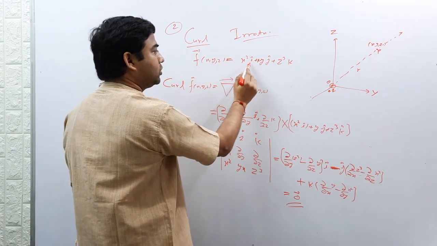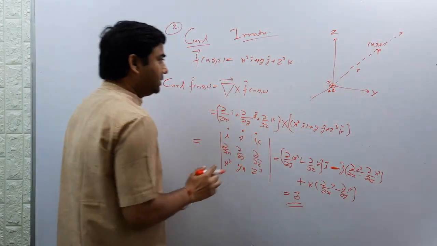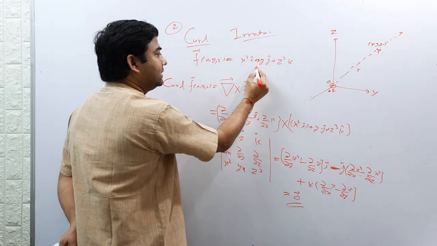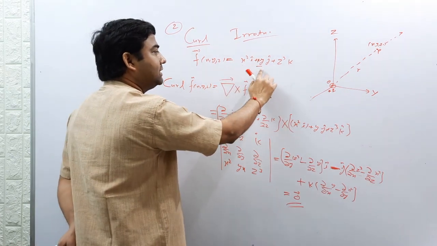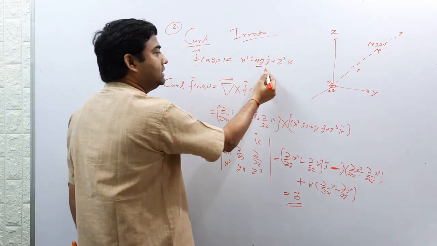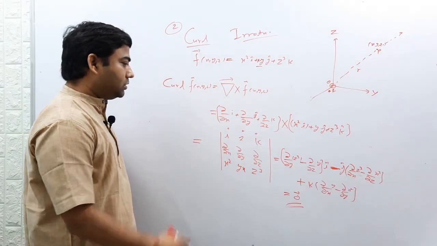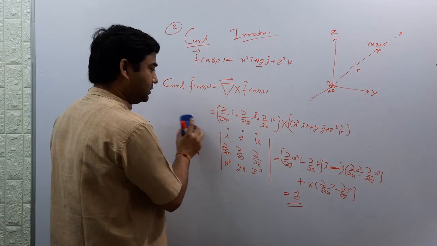Earlier that was x square i plus y j plus z cube k, for which curl was 0. Now we have slightly changed the field: x square i plus xy j instead of y j, plus z cube k. Now we will find curl. In this case, this curl will not be 0.